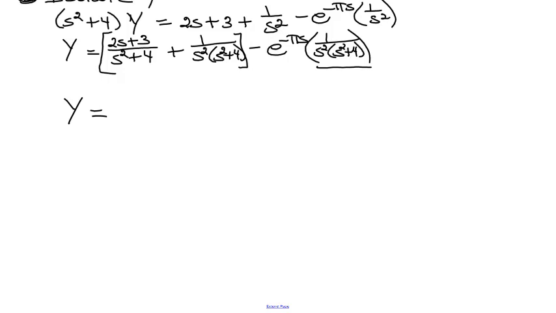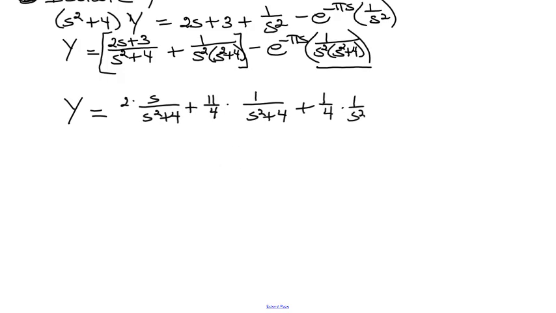So when you rewrite, the left-hand side now becomes 2 times s over s squared plus 4 plus 11/4 times 1 over s squared plus 4 plus 1/4 times 1 over s squared.